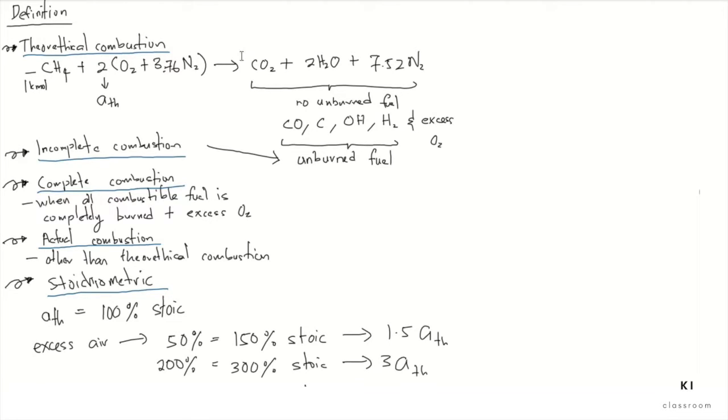So for this case, this becomes CO2 plus 2H2O plus 7.52 nitrogen. There is no excess air, there is no unburned fuel. So that's actually the definition of a theoretical combustion.